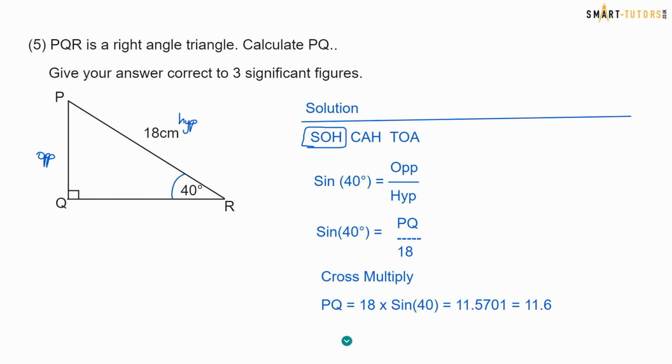So sine 40 is PQ over 18. Cross multiply, so PQ equals 18 times sine 40, which is 11.5701, which is 11.6 to 3 significant figures, meaning 1, 2, 3. The fourth number is 7, which rounds up the 5 to 6. So 11.6 is the correct answer.